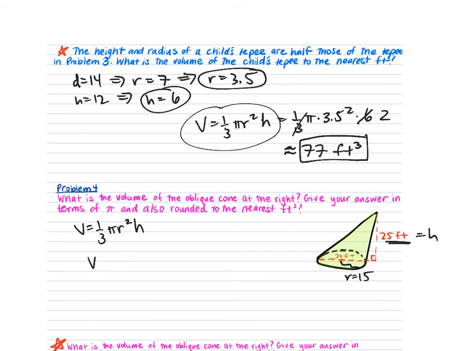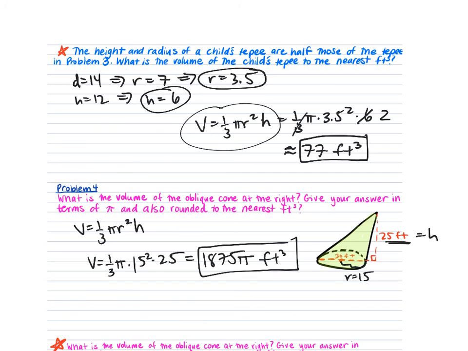Let's do it in terms of pi first. This is 1/3 pi 15 squared times 25. And so we'll do everything but the pi. So we'll do 15 squared times 25 times 1/3, or divided by 3. So 1875 pi feet cubed. So that's our answer in terms of pi.